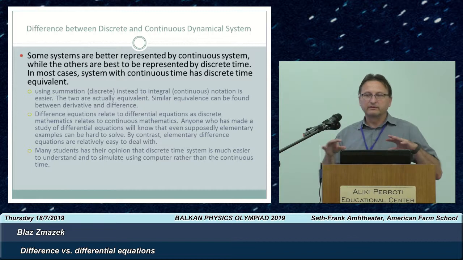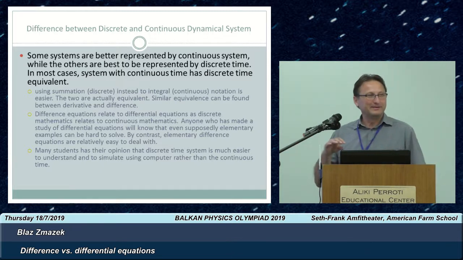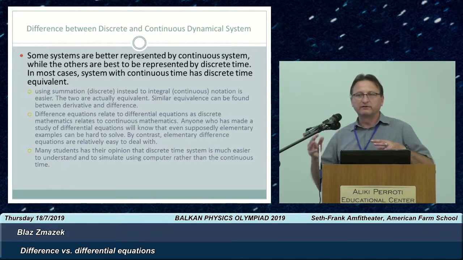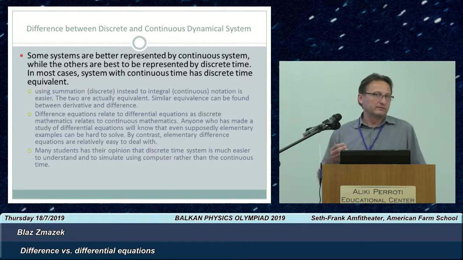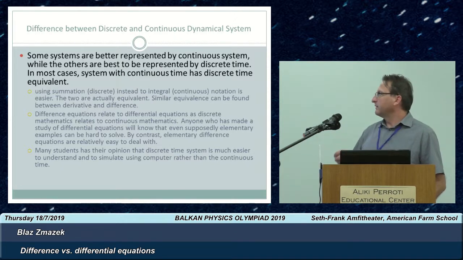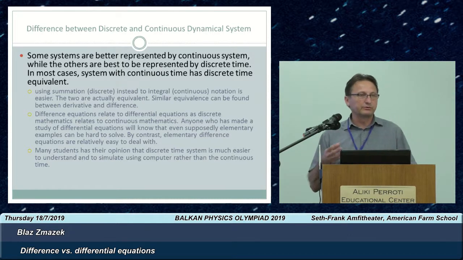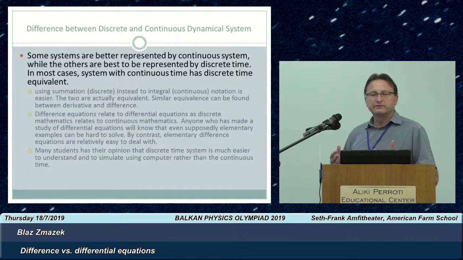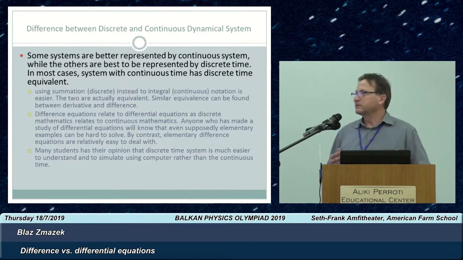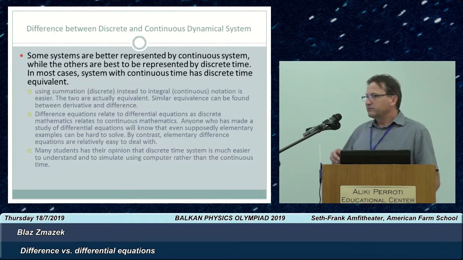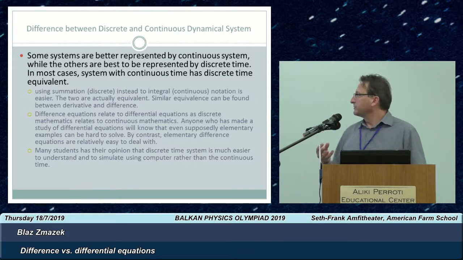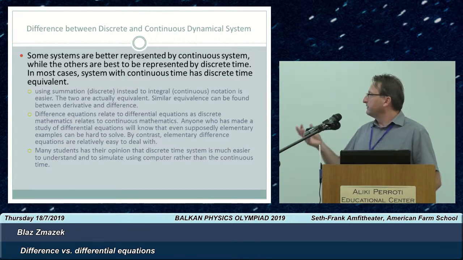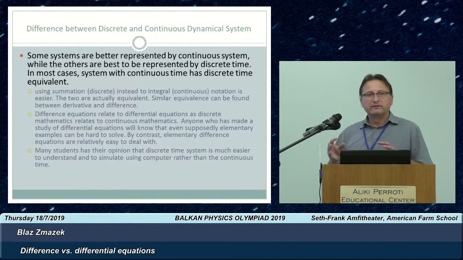You are so young, in lower grades of high school, that you probably haven't heard about integrals. So this is also the reason that you can manipulate problems which in a continuous system would need integration. In a discrete system you use summation, and the main point is that this can also be compared in equations.